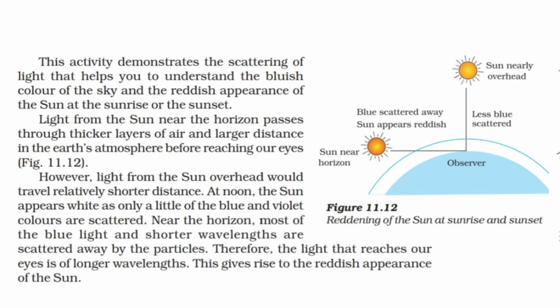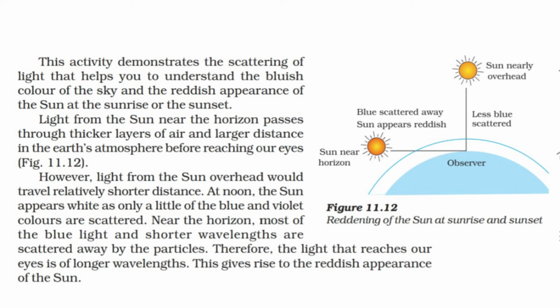So this activity demonstrates the scattering of light, which helps you to understand the bluish color of the sky and the reddish appearance of the sun at sunrise and sunset. Light from the sun near the horizon passes through thicker layers of air and a larger distance in Earth's atmosphere before reaching our eyes. That's why we see the larger wavelengths, reddish and orange colors, at sunset and sunrise.